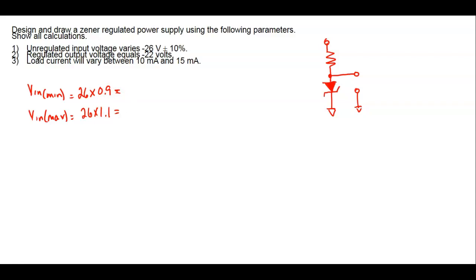So where did 0.9 come from? Well, this is the minimum. 10%, right?